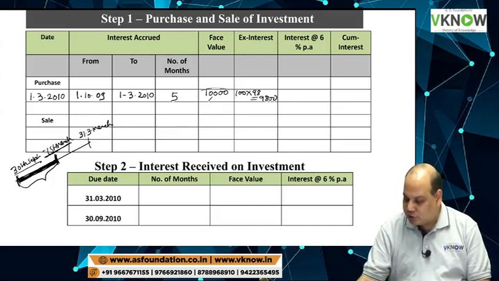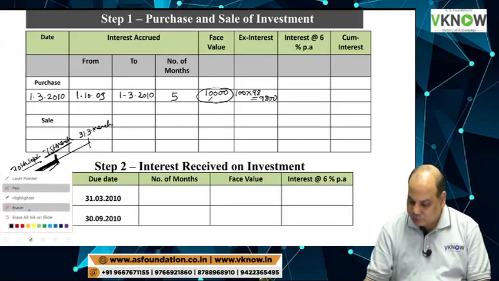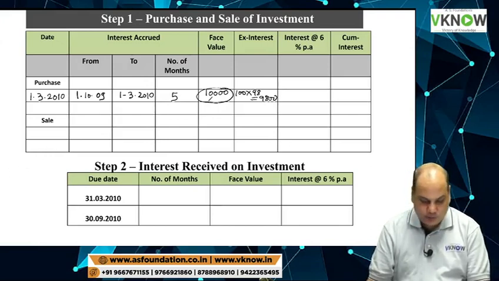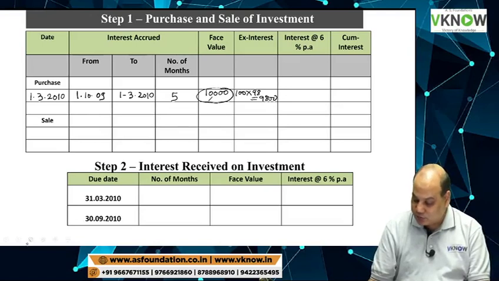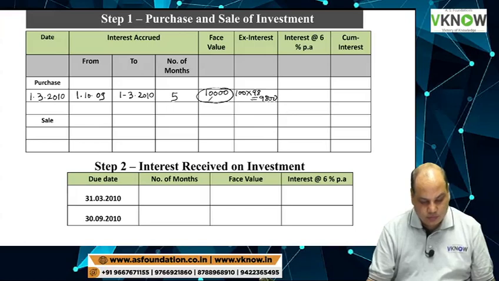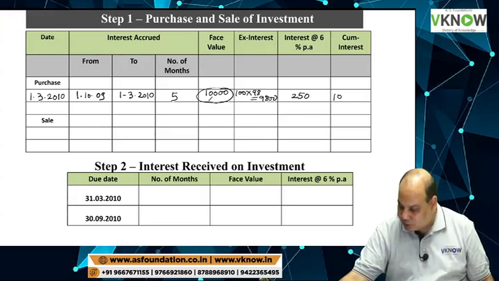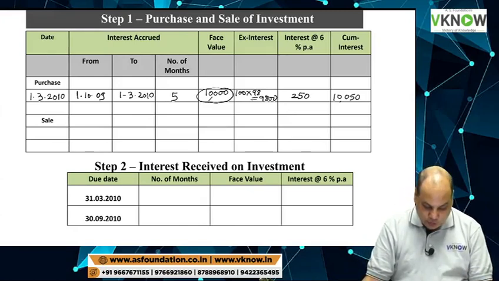Calculate interest on 10,000 at 6% for 5 months. How much is that? 10,000 at 6% for 5 months is 250. So your cum interest price will be 10,050.